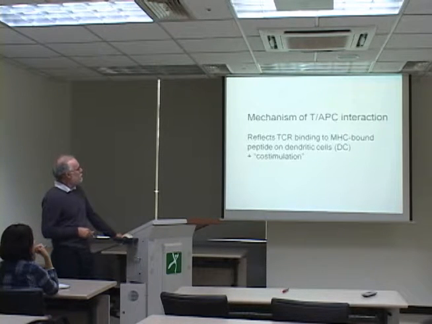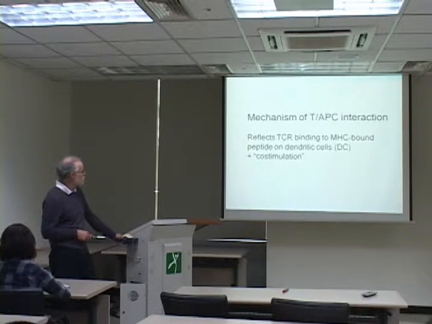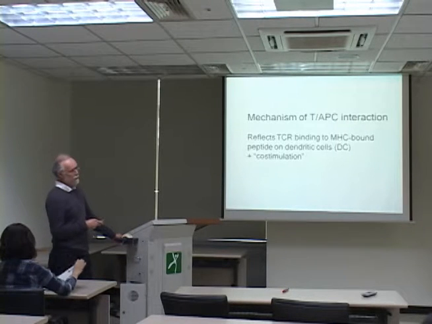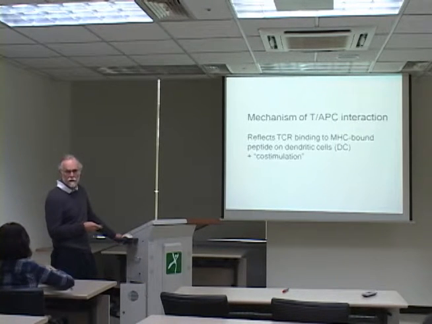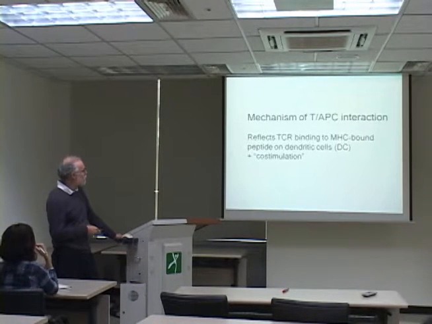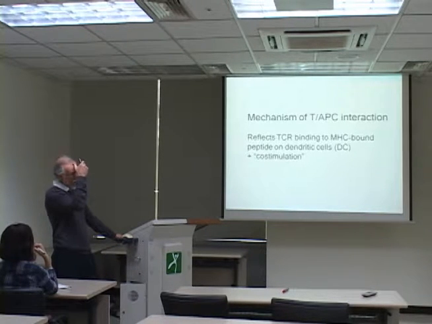Okay, so now let's think about T cells interacting with APCs at a more intimate level. Now, ultimately, and you've heard lectures on antigen presentation before, you know that when APCs ingest antigen, then ultimately what happens is that peptides derived from the pathogen are presented on the surface of MHC molecules.